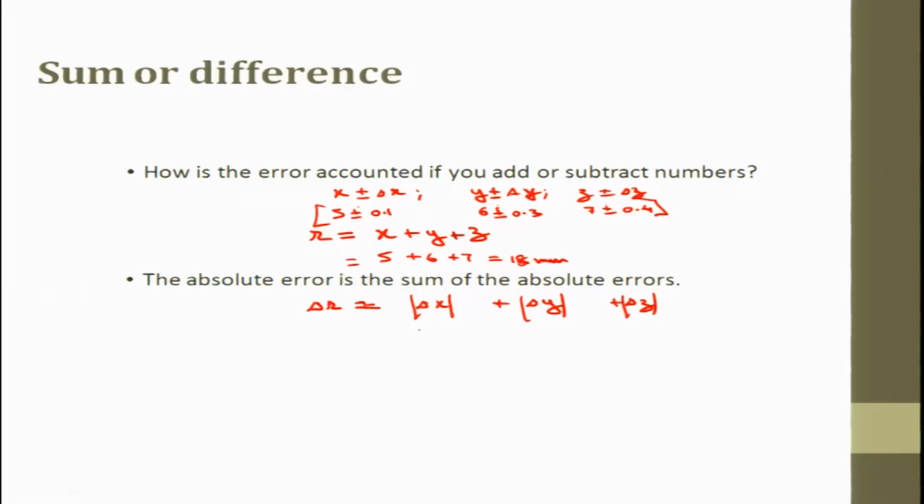Okay. So what can be the maximum error? Maximum error here would be 0.1 plus 0.3 plus 0.4, which is equal to 0.8 mm. Please remember this is an upper bound.